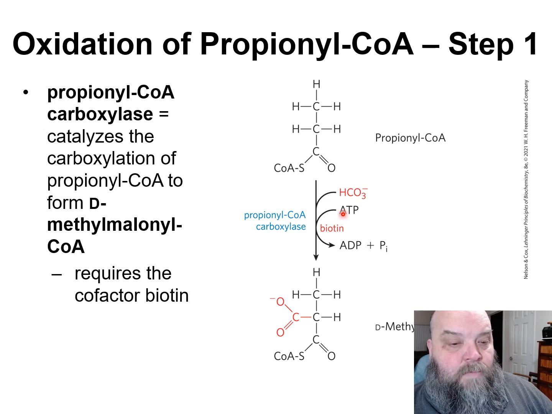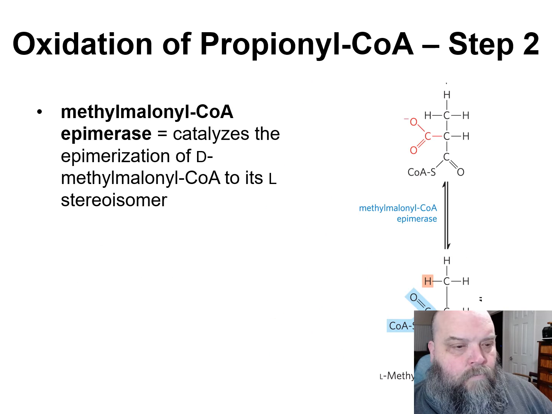And you're going to use energy from ATP so that now you can have 1, 2, 3, 4 carbons with the coenzyme A. This is known as D-methylmalonyl-CoA. Can't do much with D-methylmalonyl-CoA.